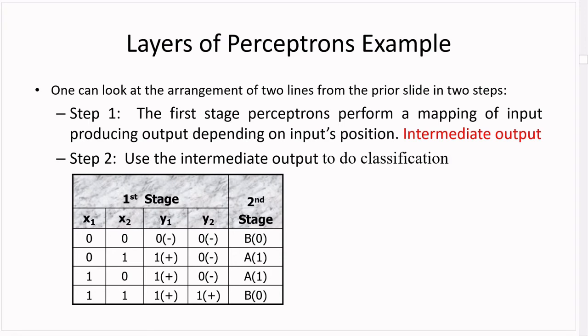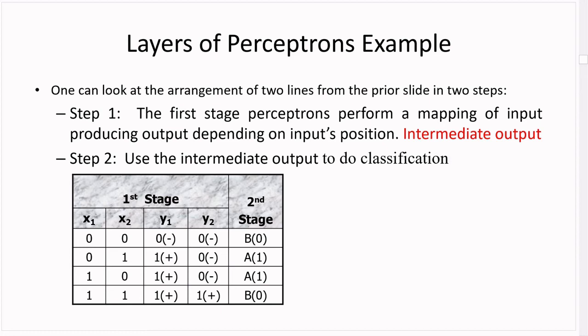So if you look at the arrangement of these 2 lines that I showed you in the previous slide, you can look at this arrangement in this particular fashion. You can think of a step 1 where we use two perceptrons which map our input data into some intermediate representation. And then we operate on this intermediate representation to perform the classification.